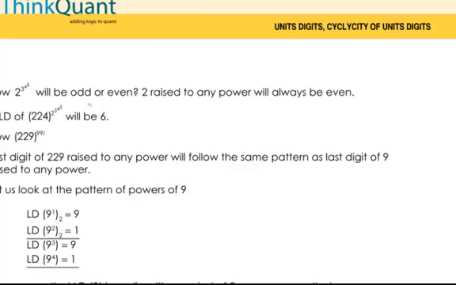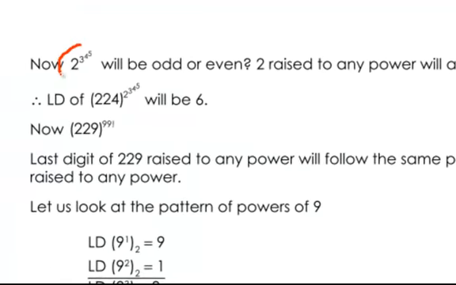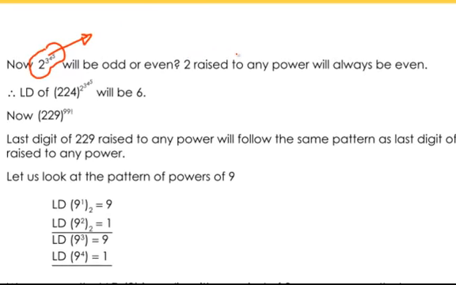What's the number that we are looking at? 2 raised to something, right? 3 raised to 4 raised to 5. That is basically 2 raised to something. Now, any power of 2 will always be an even number, right? So the last digit of this will be 6.